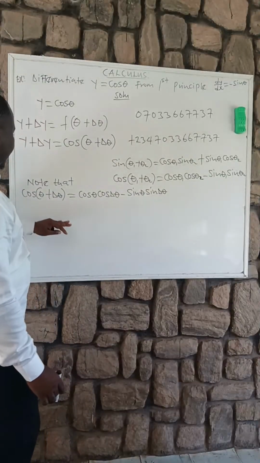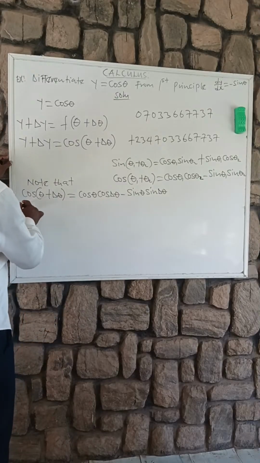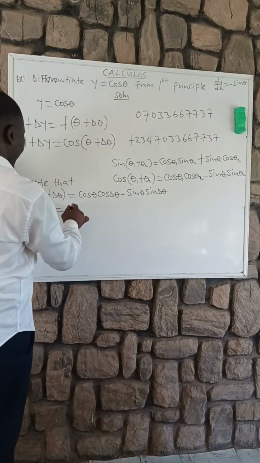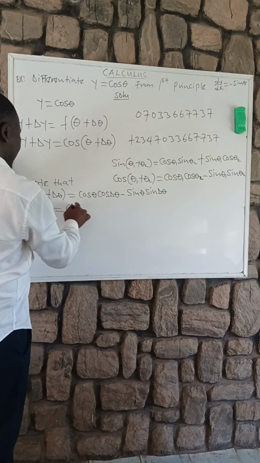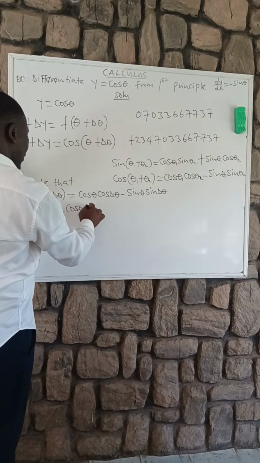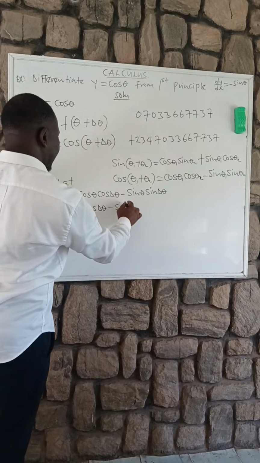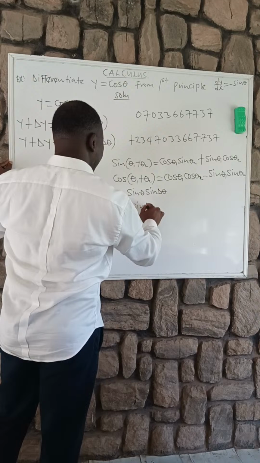So instead of this, we are going to write this. So here will now be y plus dy is equal to, instead of this, we'll write this: cos theta cos d theta minus sin theta sin d theta.